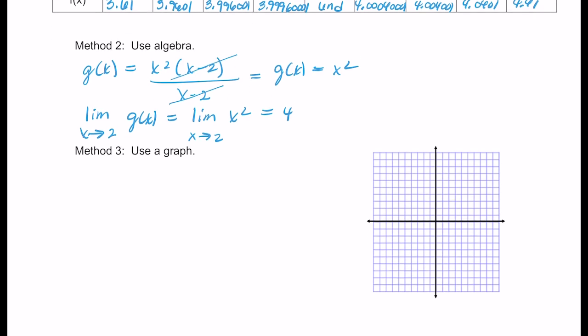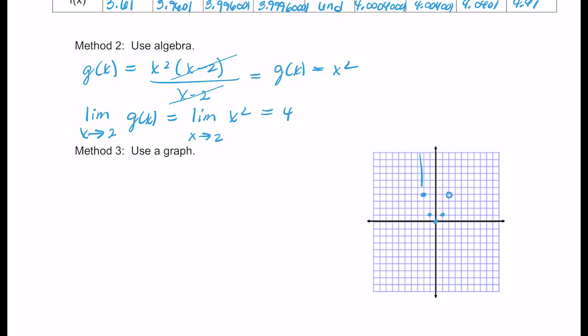We know that there's going to be a hole at 2 comma 4, so I can automatically put that in. And we can plug in some values for x squared, which we know, like negative 2 squared gives us 4, negative 1 squared is 1, 0 squared, 1 squared, and so on.